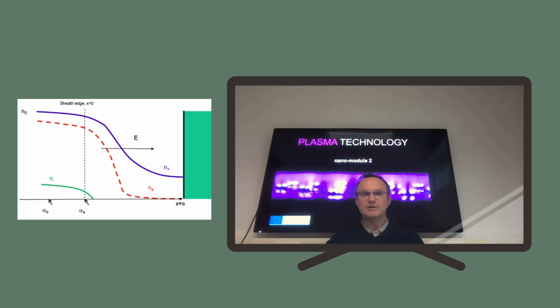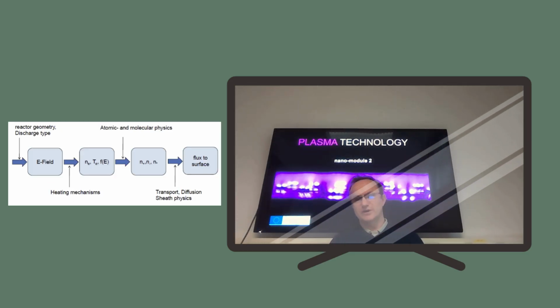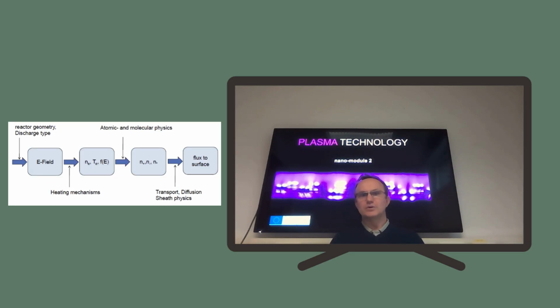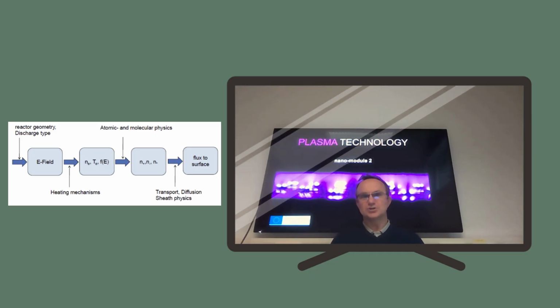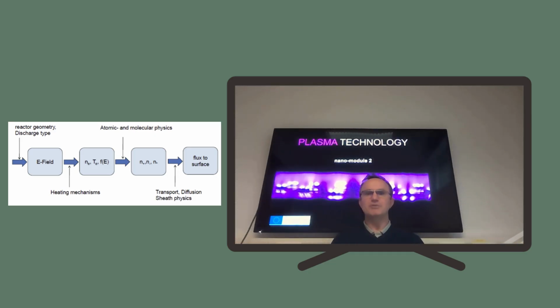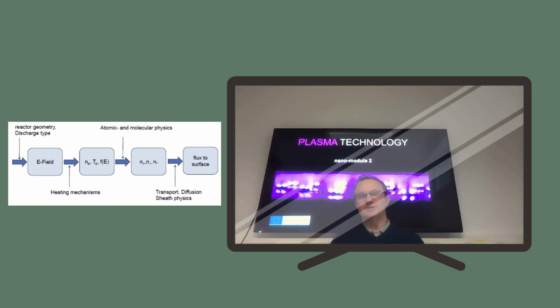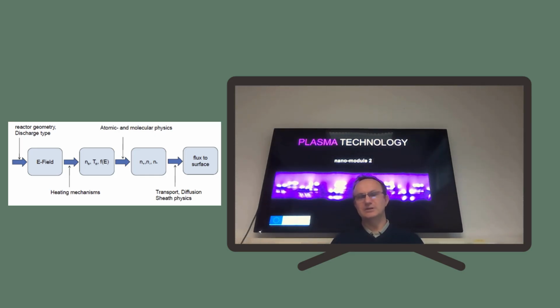And that has numerous applications in the technological field. For that, we can define the reactor geometry, we can define the type of discharge which we generate, and so it will define the electrical field in the discharge. If we know the electrical field in the discharge, we can define electron density and electron temperature, or more generally the electron energy distribution function.